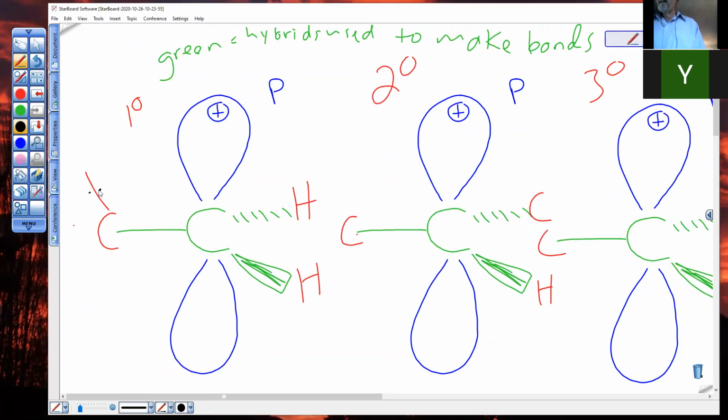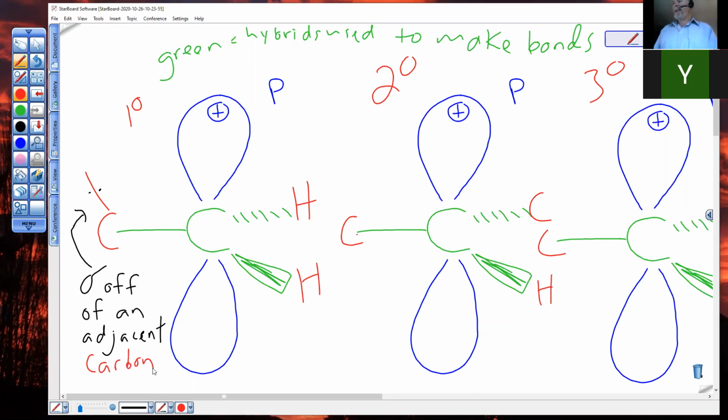So that's a sigma bond, sigma off of an adjacent carbon.